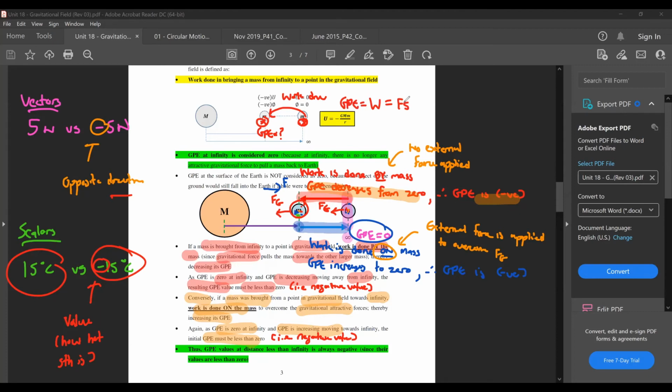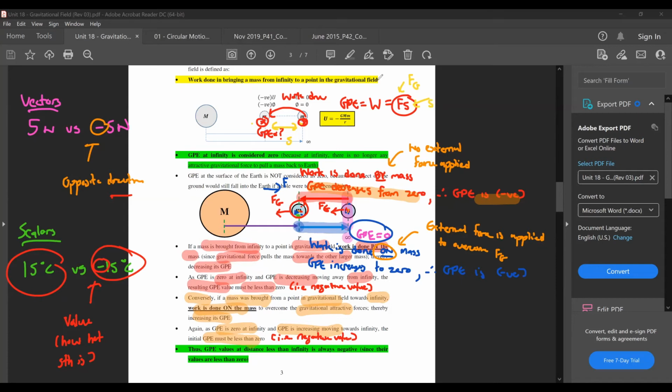Can I just say that it is force times distance, where F is my gravitational force, and S is the distance moved from infinity to this point? Now the answer is you cannot do that.